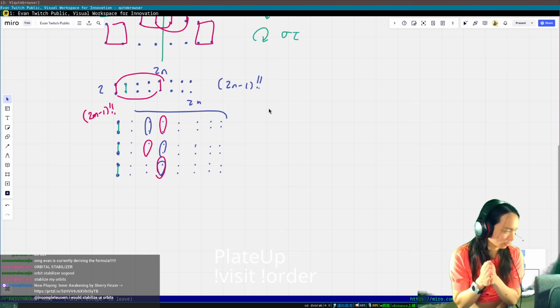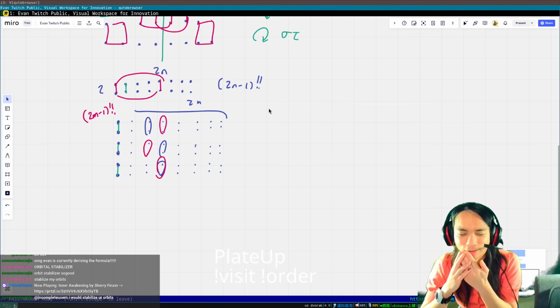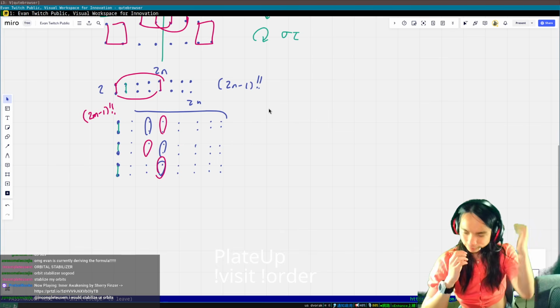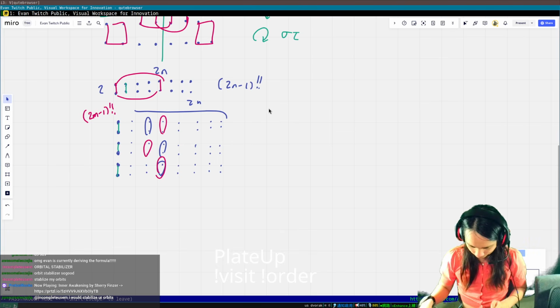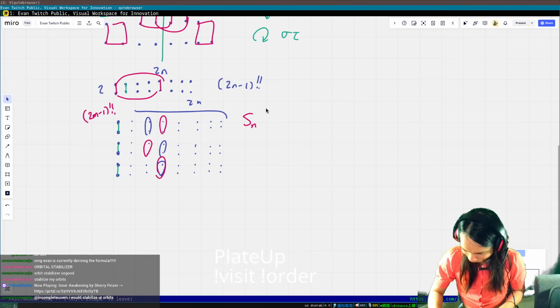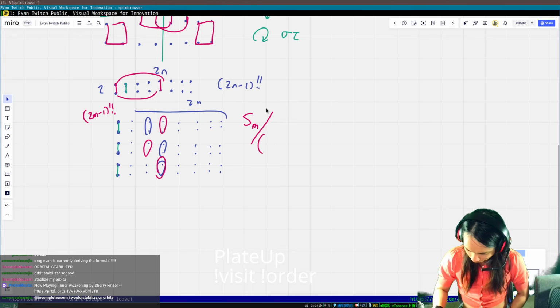I think you only get the straight lines. It's like a quotient of Sn modulo a product of smaller S's. This notation's really cramming, I'm sorry.